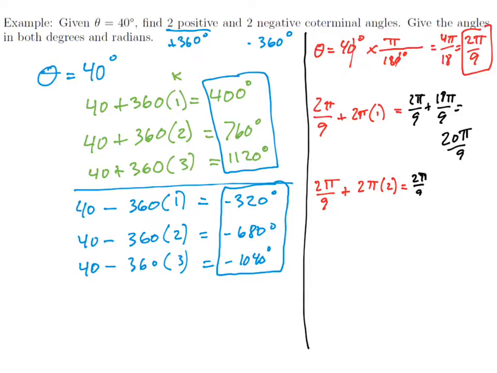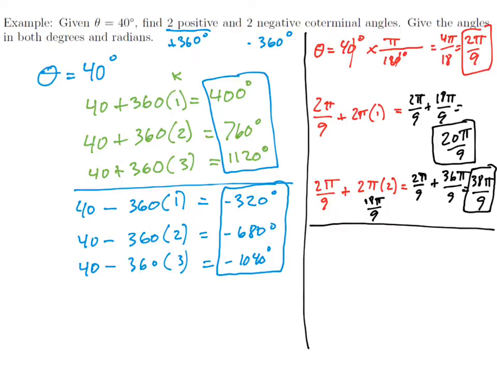Secondly, we're going to say 2 pi over 9 plus 18 pi over 9 times 2, so 36 pi over 9, and what we end up with is 38 pi over 9. So we have two positive coterminal angles. And then for the negative coterminal angles, we're going to go in the same fashion, 2 pi over 9, but now we're going to subtract copies of 2 pi.